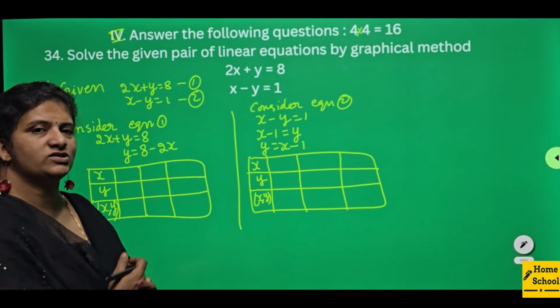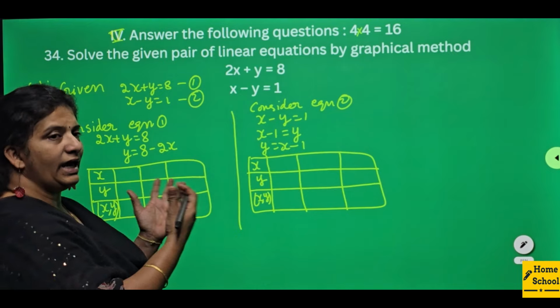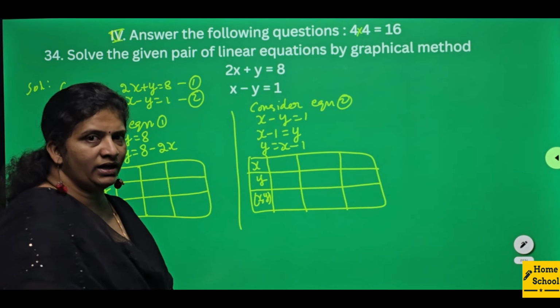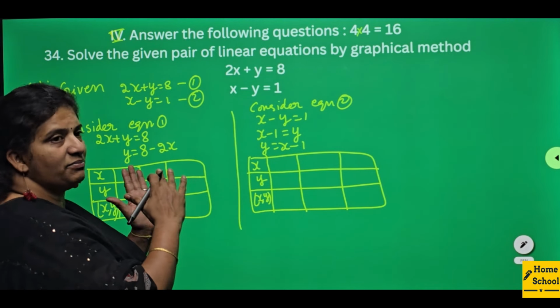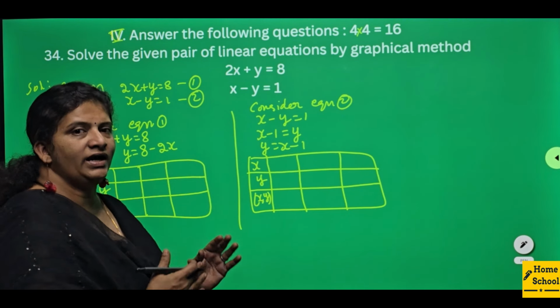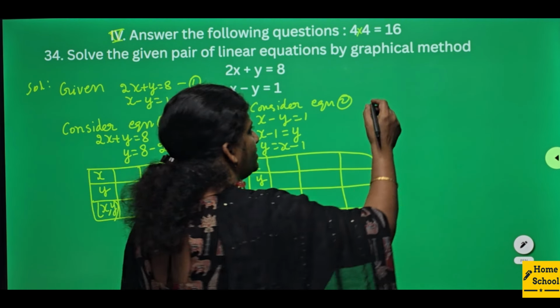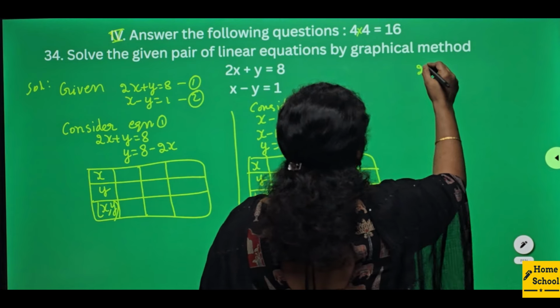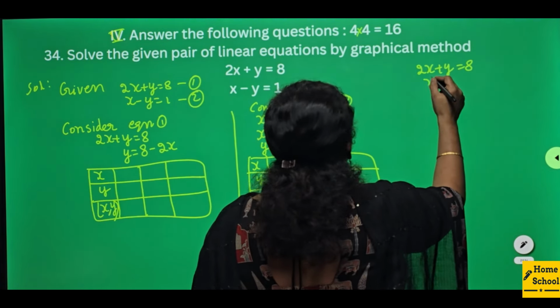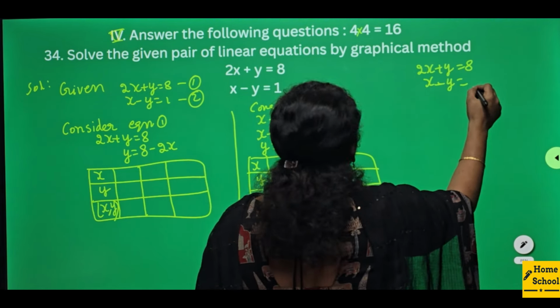So where does that solution occur? You can take any number, but if I need the same solution in my graph, first let me solve the two equations in rough column and find the x value. Let me solve the two equations by elimination method here. 2x plus y equal to 8 and x minus y equal to 1.